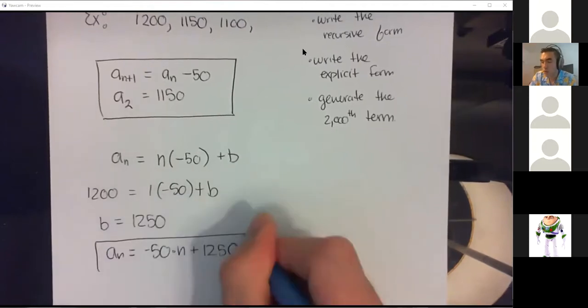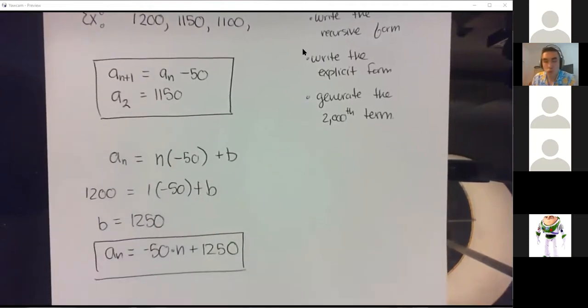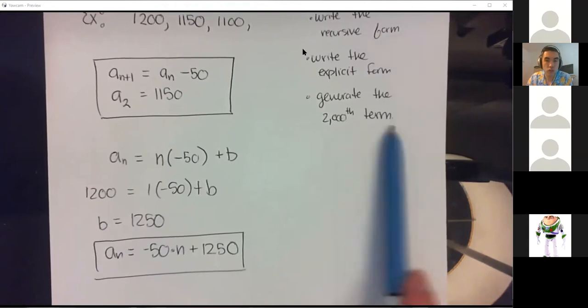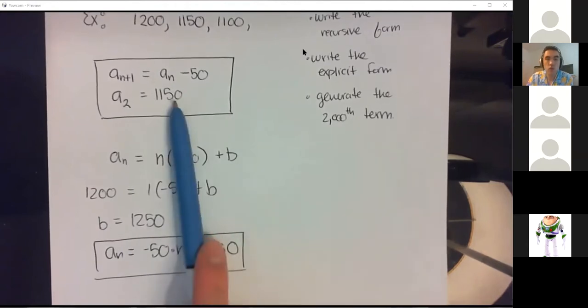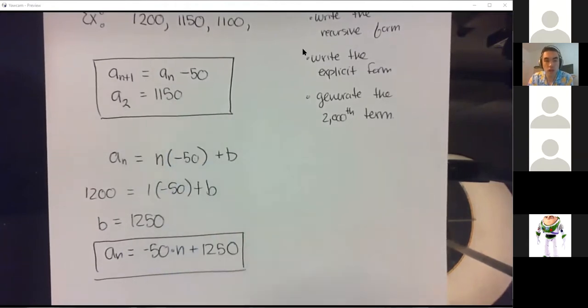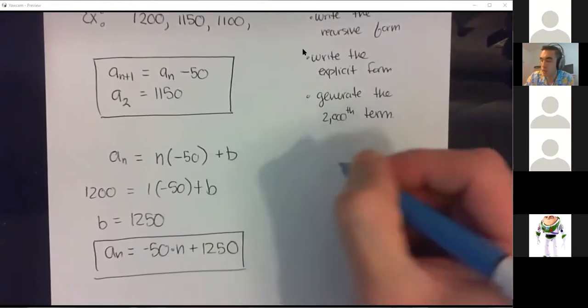And so our explicit sequence here is that a sub n is equal to negative 50 n plus 1250, and this generates all of the terms in our sequence, which will therefore also let us generate our 2000th term, so that we're not doing this 2000 times, right? Like just minus 50, minus 50, minus 50, minus 50.